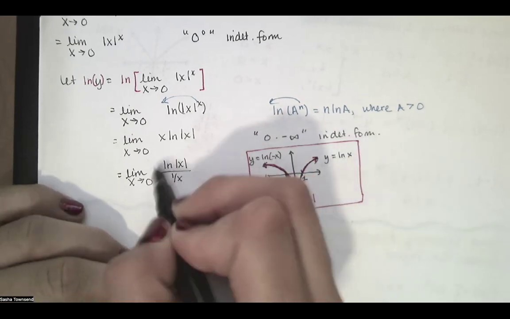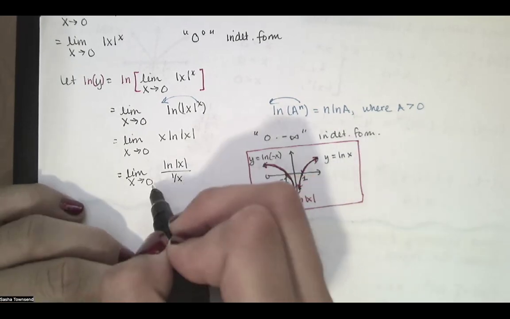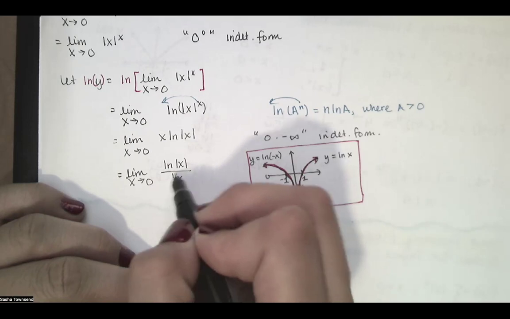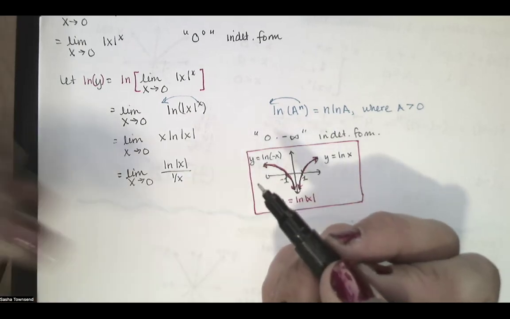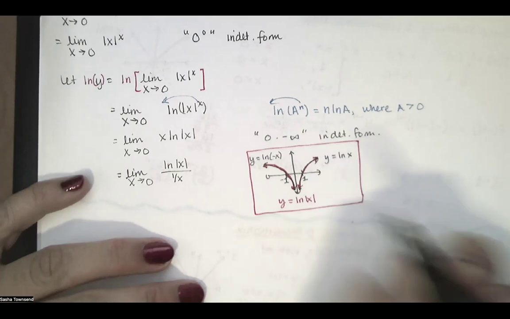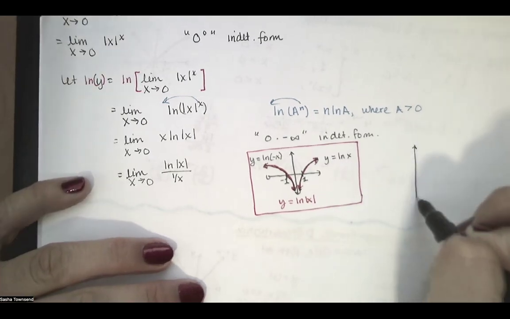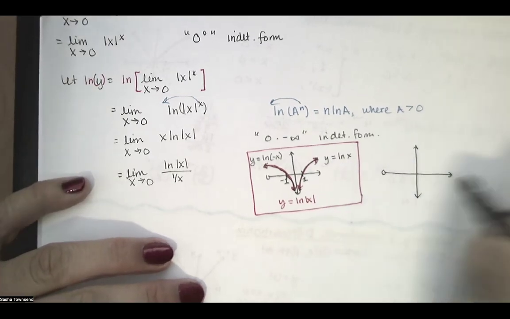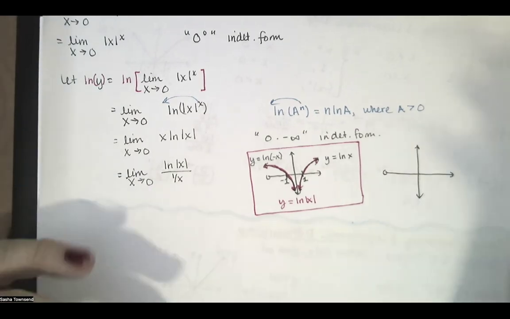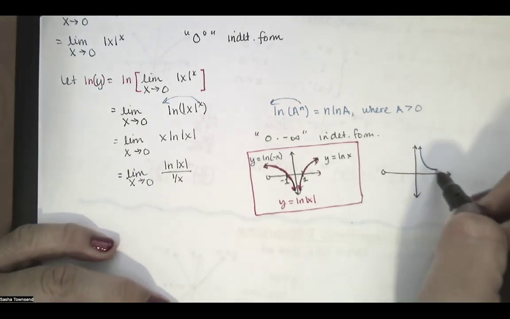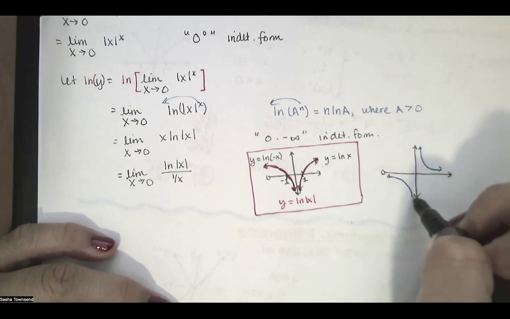And now this goes to negative infinity, and as x approaches 0 from the left and from the right, 1 over x approaches negative infinity from the left and positive infinity from the right. Just to remind us what that looks like, y equals 1 over x looks like this, roughly.